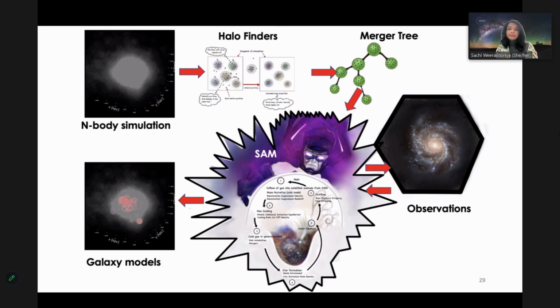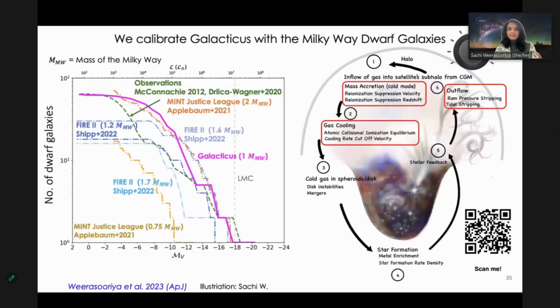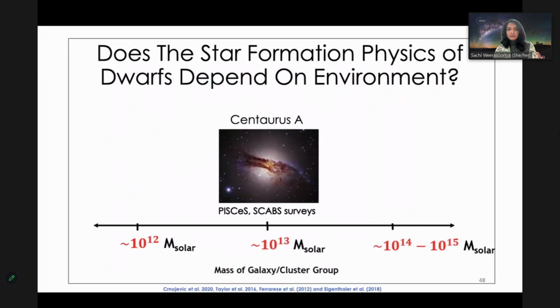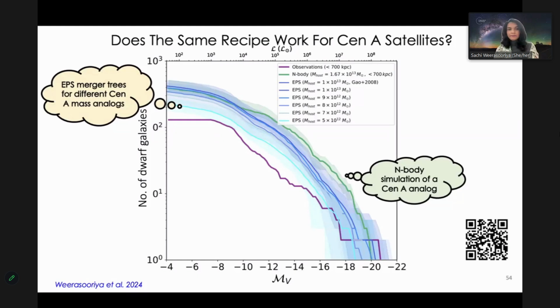Another way we can build merger trees is by statistically building them with extended Press-Schechter merger trees. And these are much faster, so you don't need an n-body simulation. Some of the results that I showed you for Centaurus A, these EPS merger trees were run with Galacticus, and you don't need n-body simulations to run these.